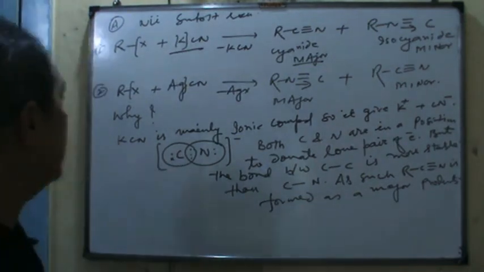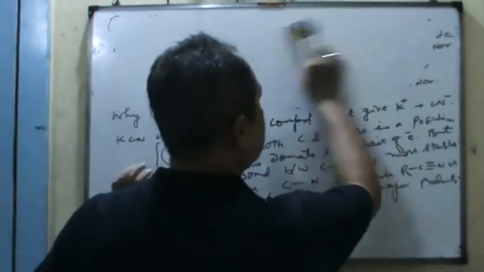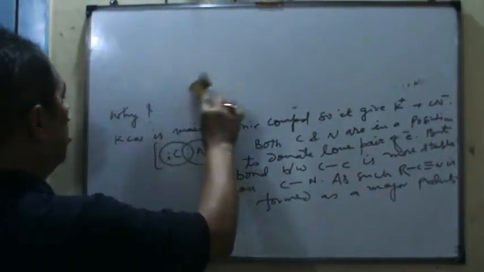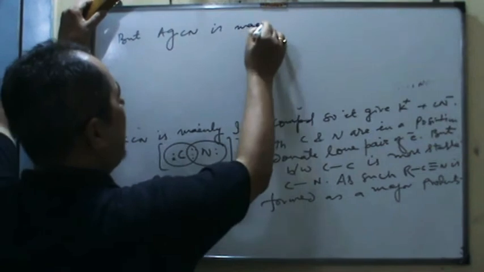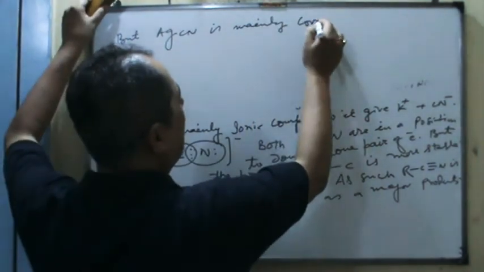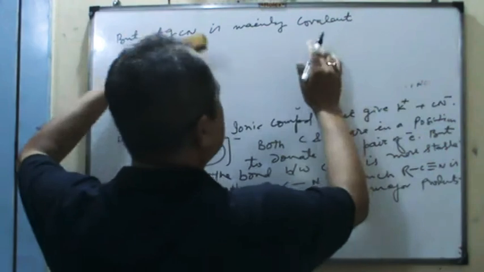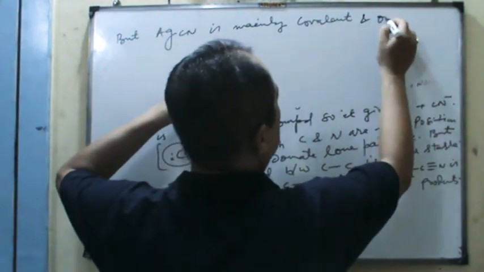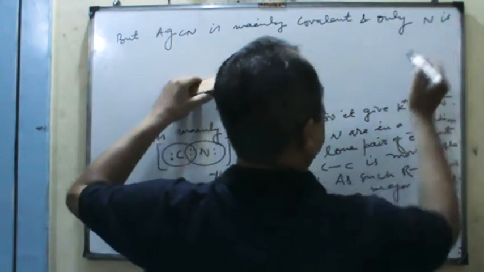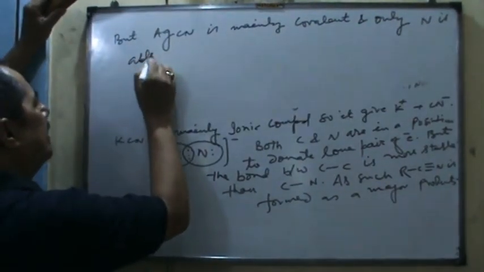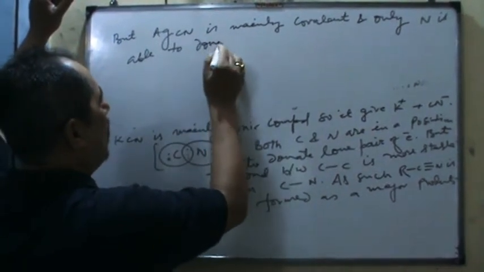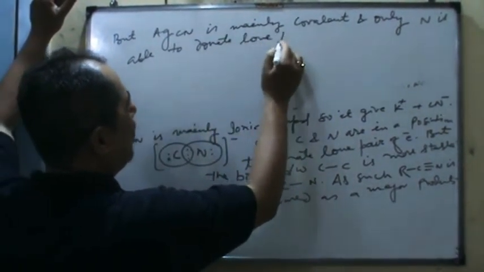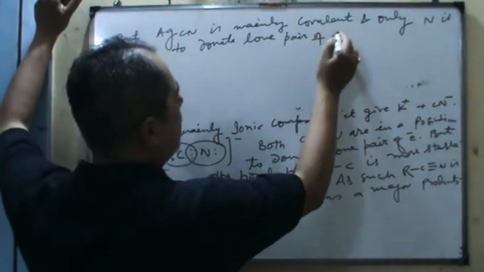But on the other hand, once you take silver cyanide, it is mainly covalent. See the other side? Silver cyanide is mainly covalent and only nitrogen is in a position to donate the lone pair of electrons.